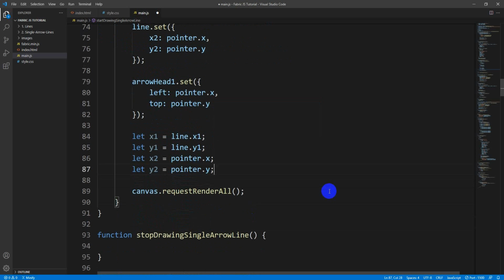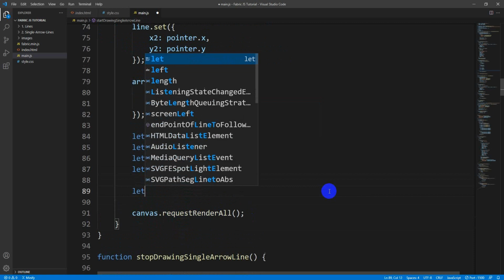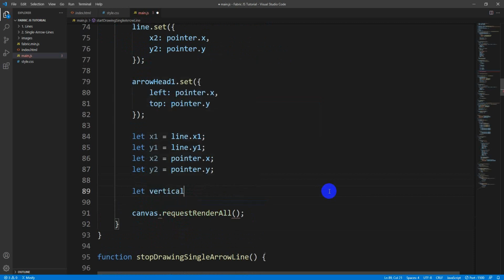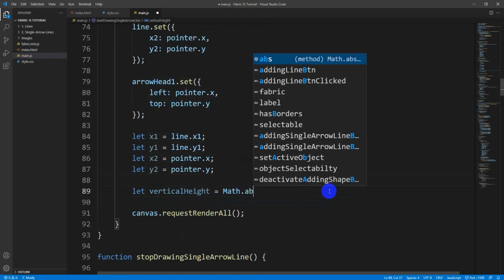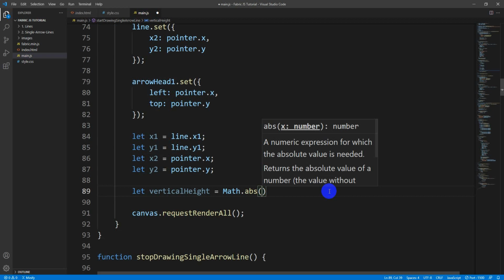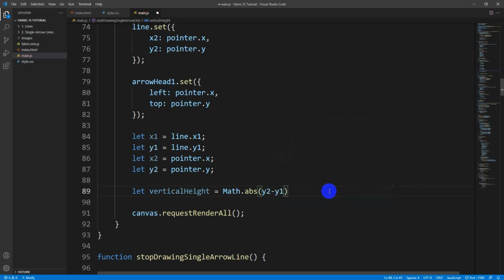We have to find the vertical height and the horizontal width. So we can say let vertical height be equal to, and I want it to be an absolute figure, meaning I do not want it to be a negative value. When we take y2 minus y1, y2 can be smaller than y1 and we have a negative value, but I just want it to be positive.